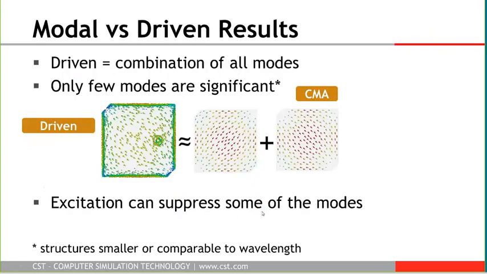To summarize this introduction to characteristic modes, I would like to add that if you have an excitation, the response of the antenna is a combination of all modes which can exist on the antenna. However, we are lucky that if we have a structure which is smaller or comparable to the wavelength, we have only a few modes which are significant.